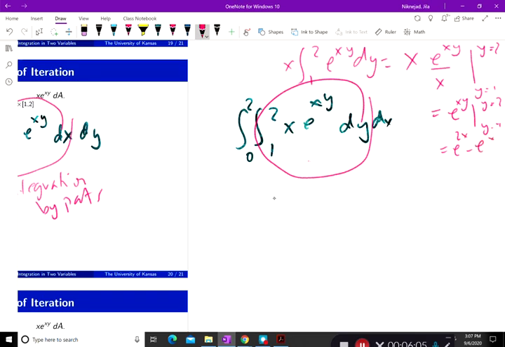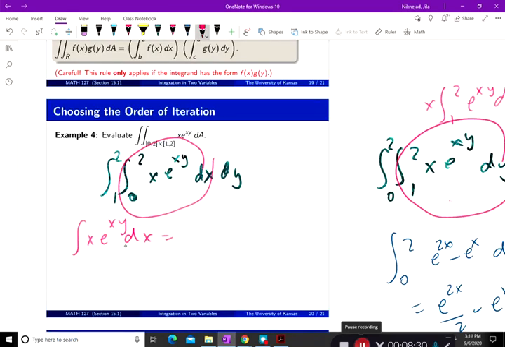So I replace it here, and you take this as dv, so it would be x e to the power xy divided by y. That's the v, because it's the antiderivative of e to the power xy with respect to x, then minus the integral of e to the power xy over y dx.